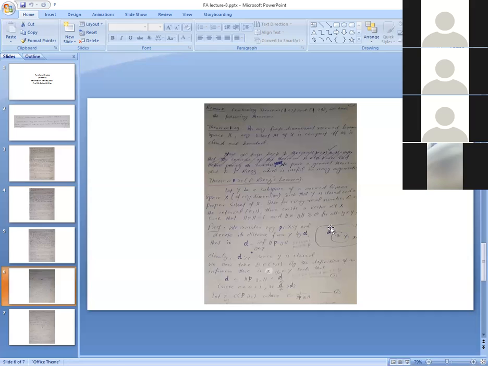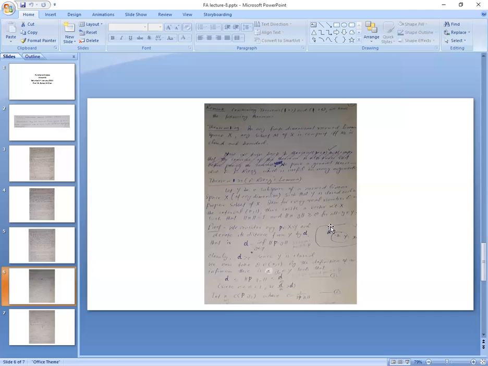We consider a point in the complement of Y. It does not belong to Y. It is in the complement of Y, this point P. Denote the distance of this point P from the proper closed subspace Y of X. By definition, this d will be equal to the infimum of the norm of P minus y, where this y belongs to Y. This is the definition of distance.